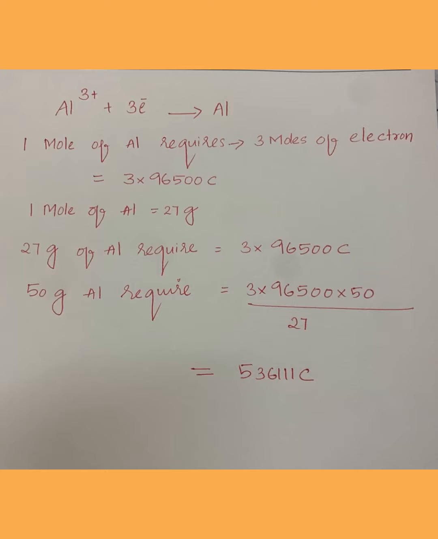Al3 plus + 3 electron gives Al. 1 mole of aluminium requires 3 moles of electron or 3 into 96,500 coulomb. 1 mole of aluminium is 27 gram. 27 gram of aluminium require 3 into 96,500 coulomb. 50 gram of aluminium require 3 into 96,500 coulomb into 50 by 27.